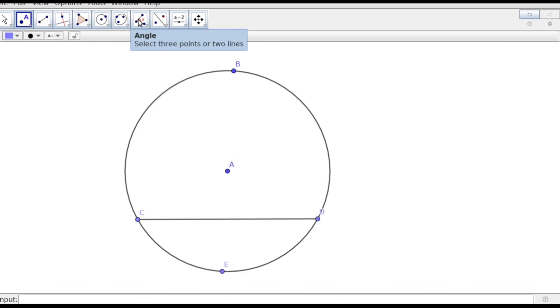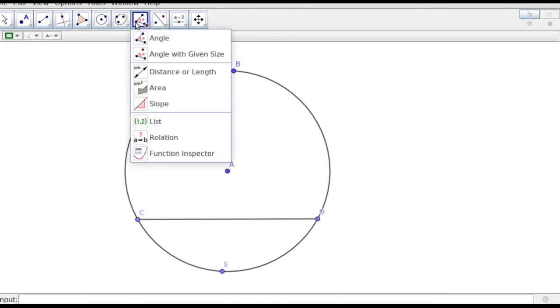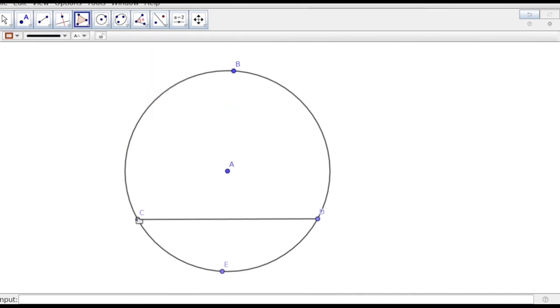Okay, let us do. I join the ends of the chord to the point B. Similarly here also I am going to join the ends of the chord to this point.